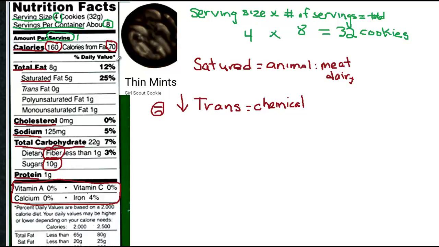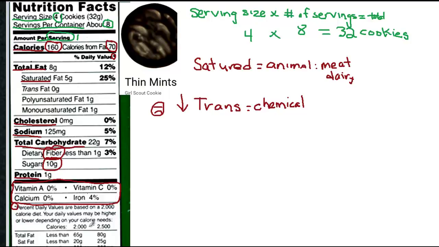Now, when we looked at this part with the percent of daily value, there's a mark here, and it corresponds to this mark here. And it tells you that percent daily values are based on a 2,000 calorie diet. Your daily values may be higher or lower depending on your calorie needs.